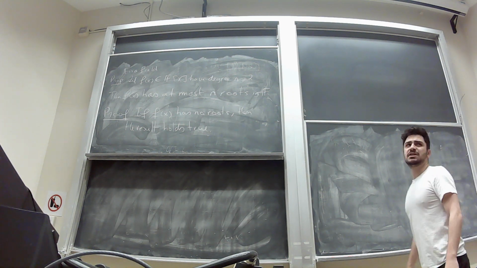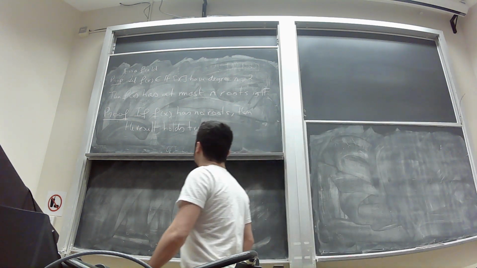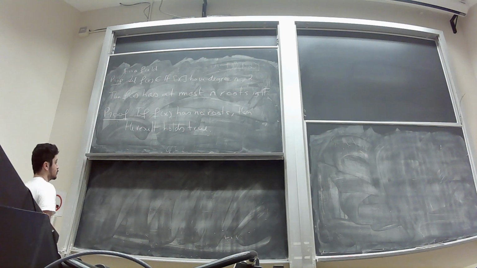No, it could be, not necessarily. If you want to plug in a number for x, it's not necessarily in the field only. It could be a bit bigger. We'll see an example. So, if f of x has no roots, then the result holds true.